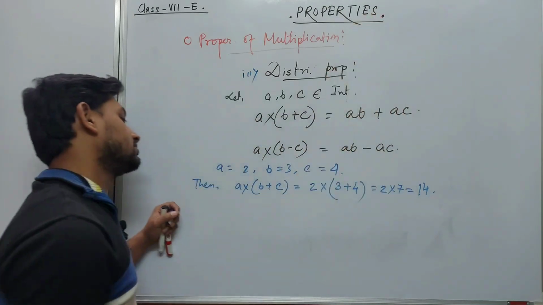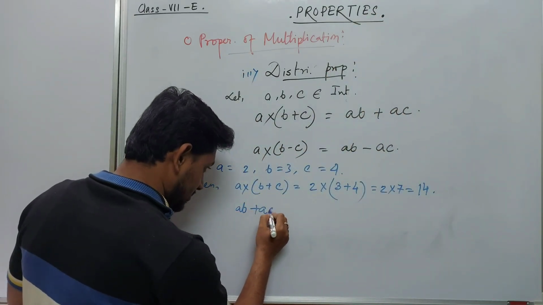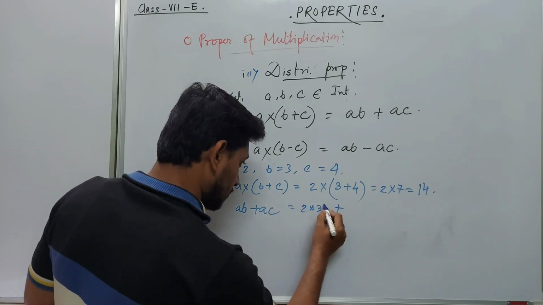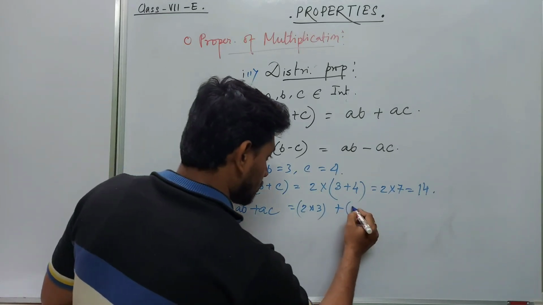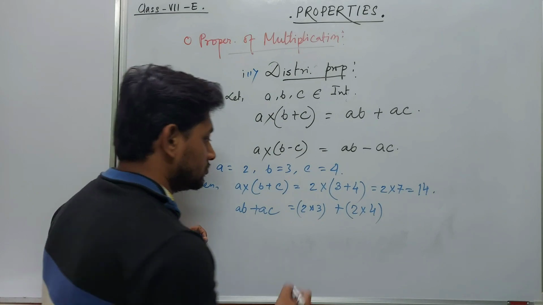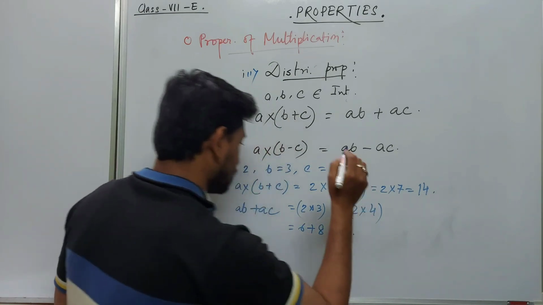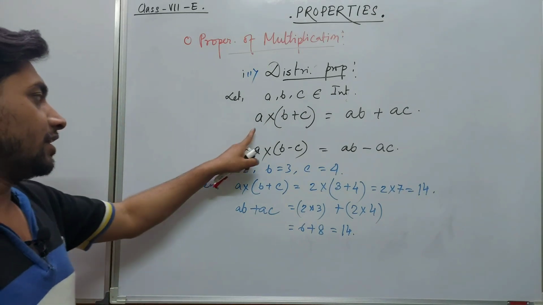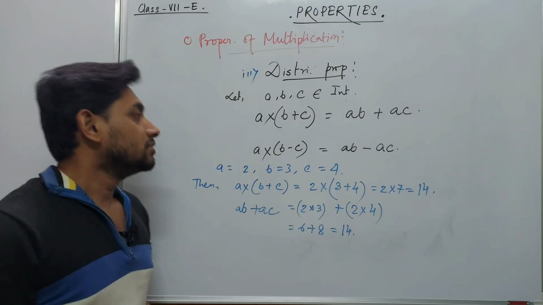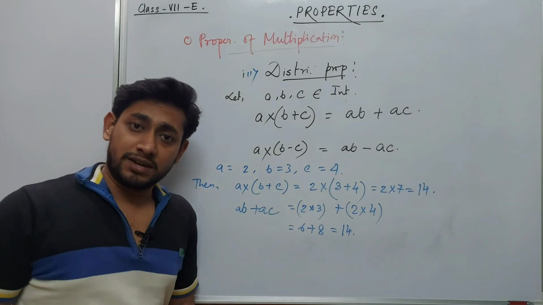Similarly, AB plus AC, that is 2 into 3 plus 2 into 4, that is 6 plus 8, that is 14. Hence, A into (B plus C) is equal to AB plus AC. That is, distributive property holds for addition under multiplication.